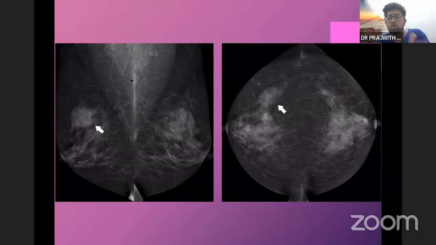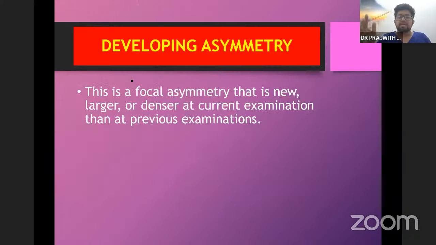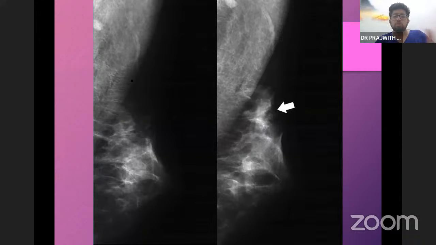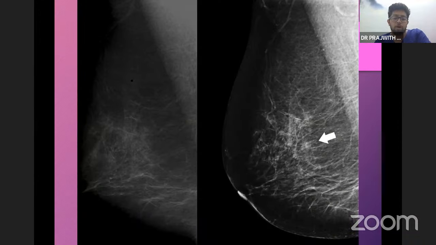But if it grows in the next consecutive mammography, then it is called developing asymmetry. This is not a BIRADS lexicon term. It was coined by some radiologists in their reporting when they saw growth of the asymmetry. Whenever there is a developing asymmetry, it goes to BIRADS 4 and needs a biopsy.